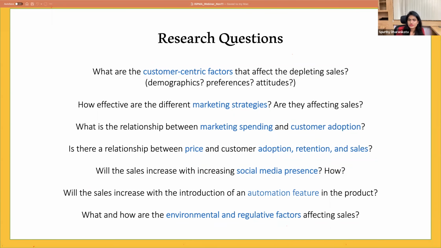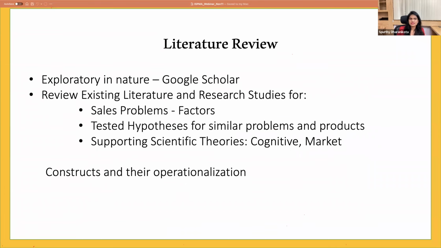Or is it playing a role? You look into the literature on sales and see if marketing strategies has any cause. This is your intuition. With the literature, you'll see if your intuition is correct or not, and if people are investigating the same relationships or not. That's where the literature review comes in. And the literature review, like I said, is exploratory in nature.